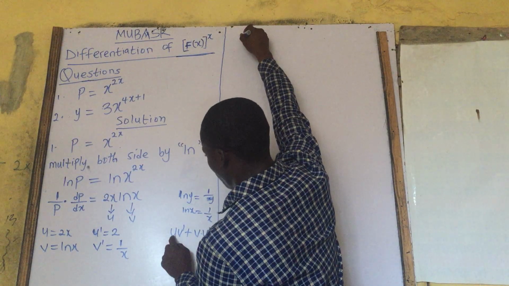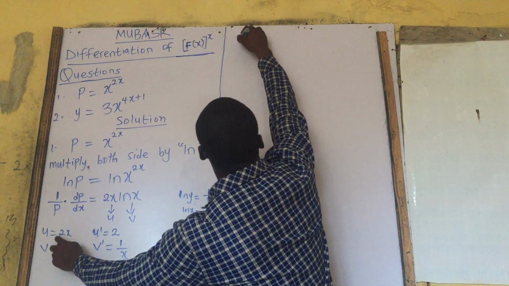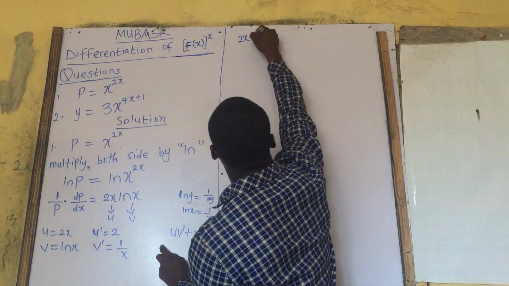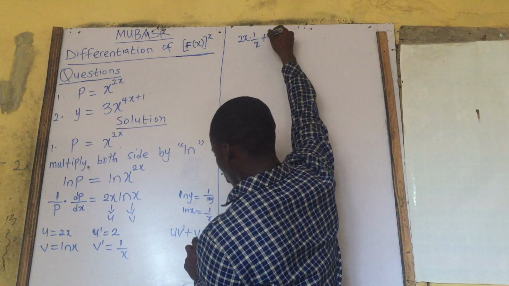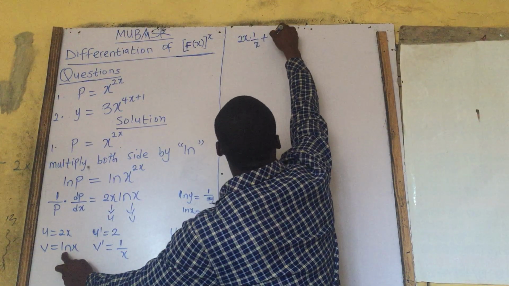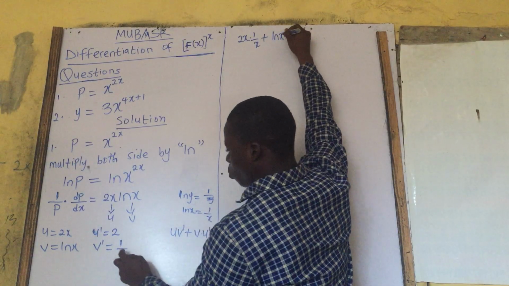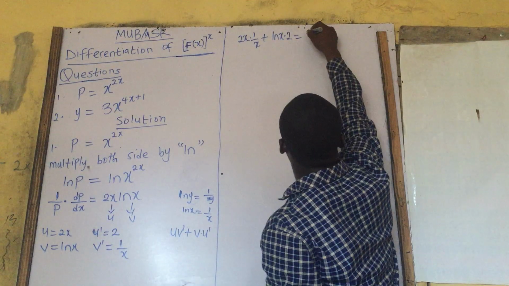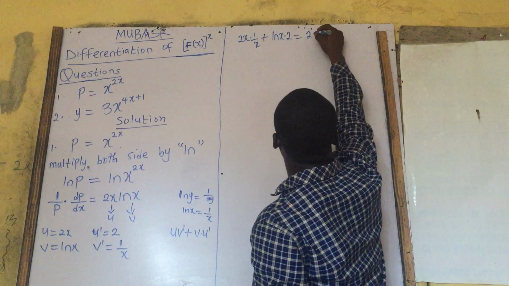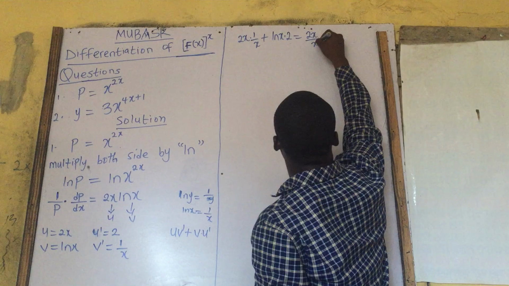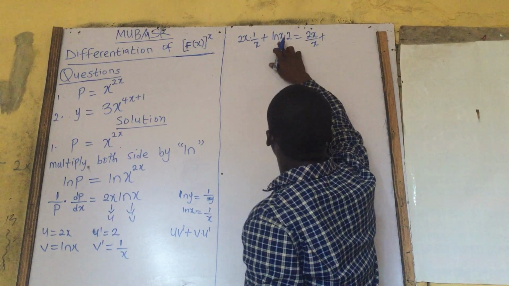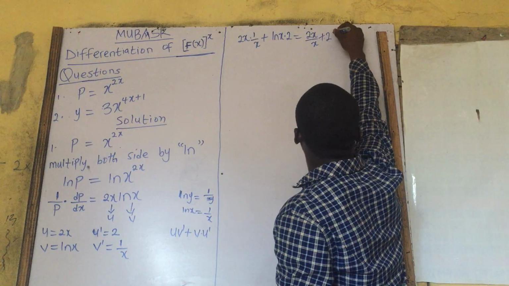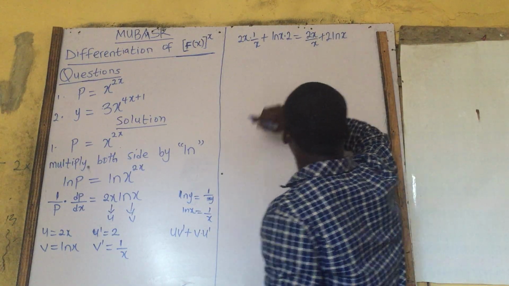Now let us put it into the formula. Our u is 2x multiplied by our v prime, 1 over x, plus our v, natural logarithm x, multiplied by our u prime, which is 2. Now it equals 2x times 1 giving us 2x divided by x, plus natural logarithm x multiplied by 2, giving us 2 natural logarithm x.